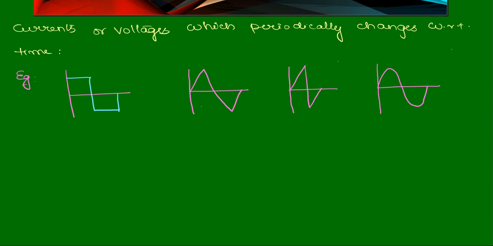And the most commonly used alternating current is the sine wave.